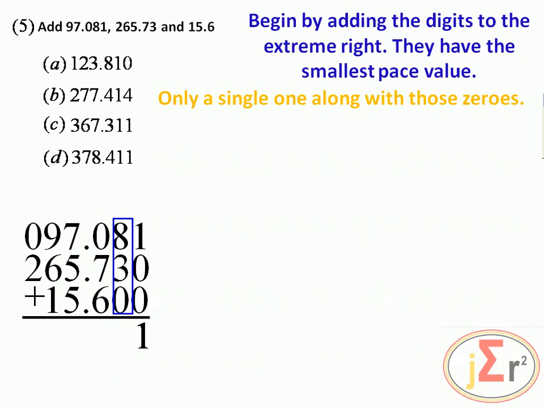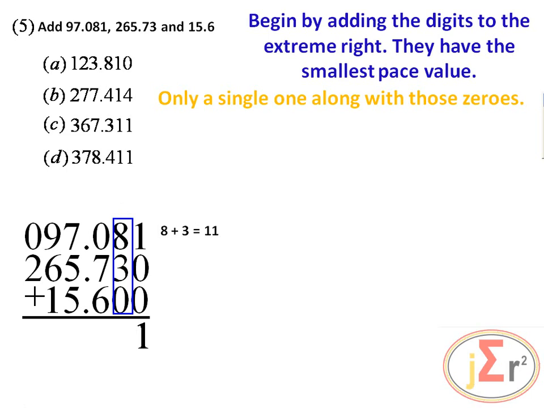And although we have a 0 there, what is the answer in this particular case, Jerry? 11. So 11 contains 2 digits. This digit will be placed in its rightful place, in the hundredths place value.